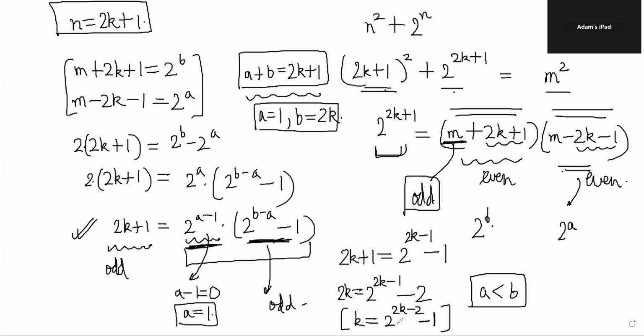Can you do difference of two squares? But what squares? 2 to the k minus 1 and negative 1. You can do that, but I doubt it is going to change much.